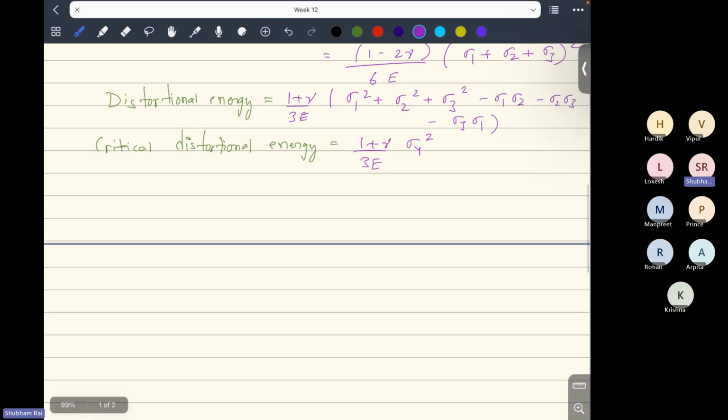and so the maximum distortion energy theory says that distortion energy per unit volume in a material should be less than or equal to critical distortion energy per unit volume.